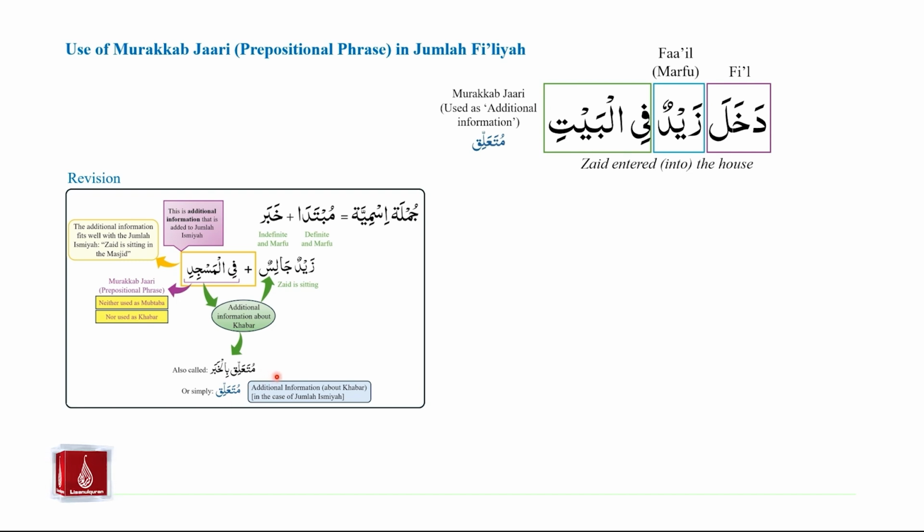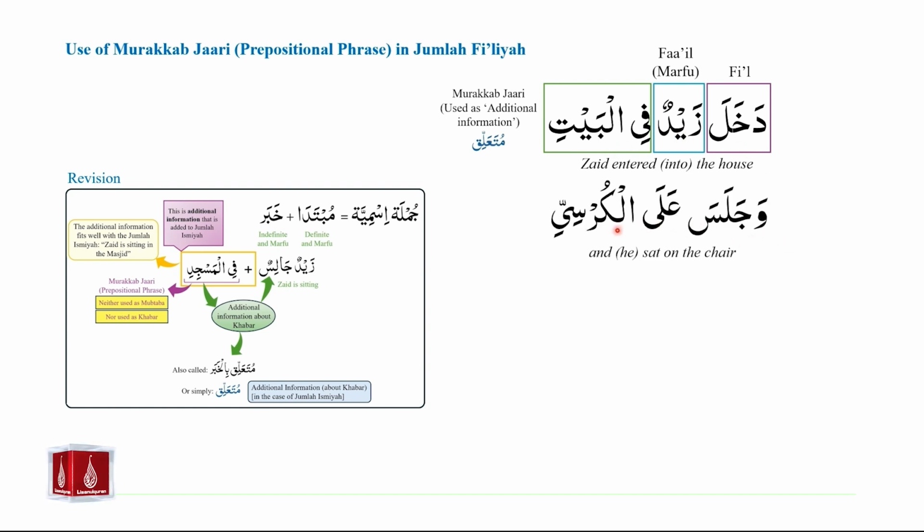This is additional information about the khabar in the case of jumla ismiya. Similarly, in this case, we are using fil bayti, which is a murakkab jari, and we are using it as additional information or muta'alliq. Fil bayti is not being used as fa'il. Fil bayti is not being used as maf'ul. Dakhala Zaidun fil bayti. Zaid entered the house.